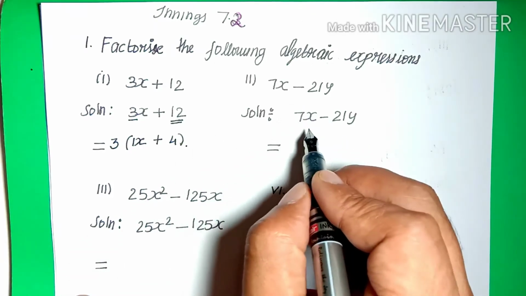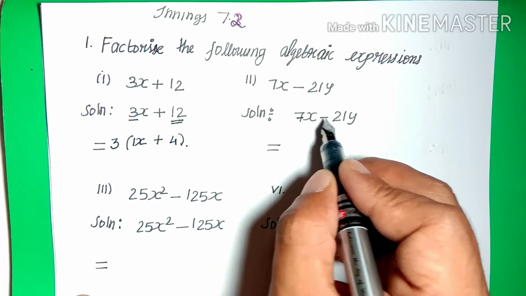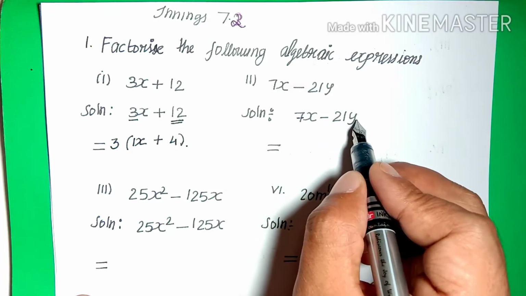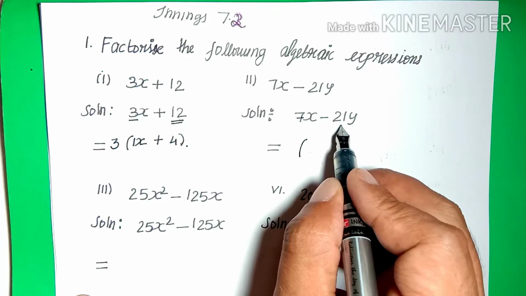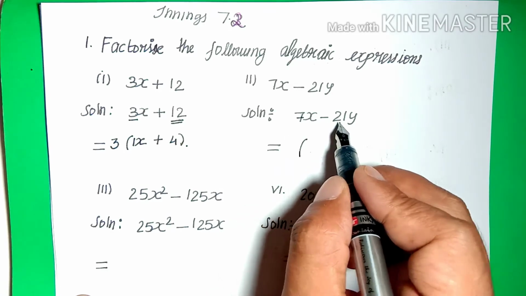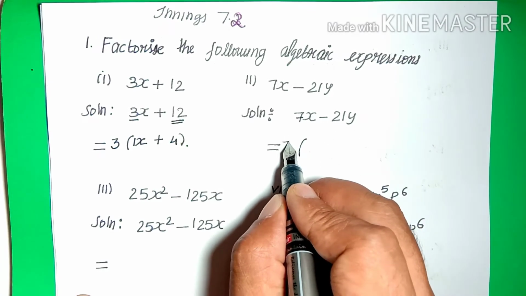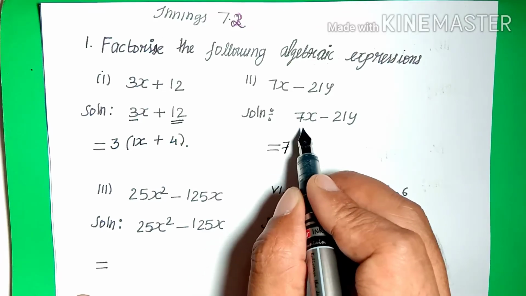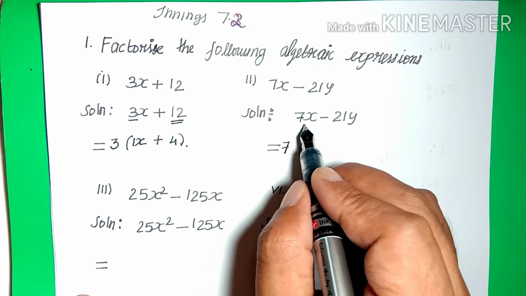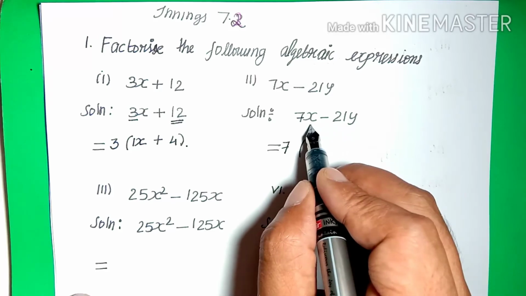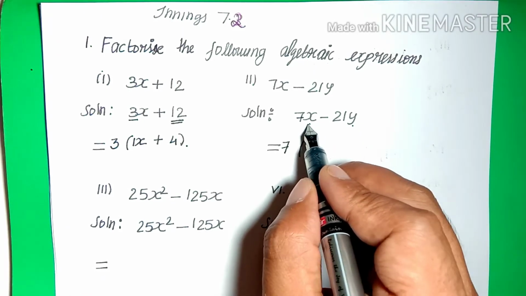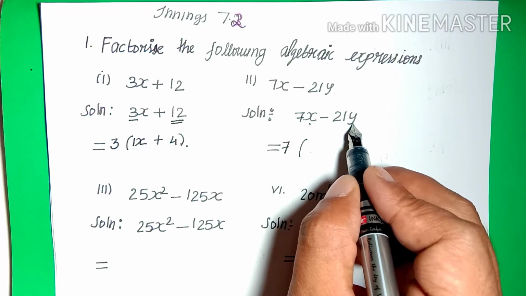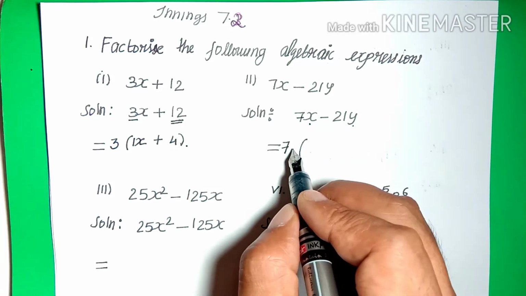Similarly, here we have 7x minus 21y. First we check the numbers. 7 and 21 are both divisible by the 7 table, which means we can take 7 as the highest common factor from these two terms. Next, we also check the variables. x and y are not the same, which means we can't take a variable as common.